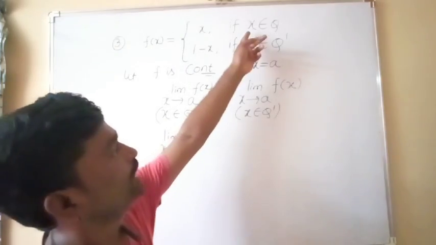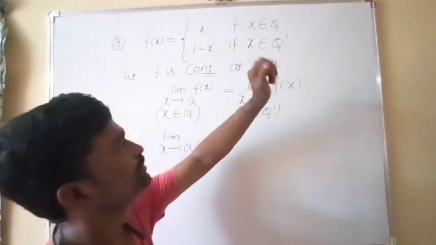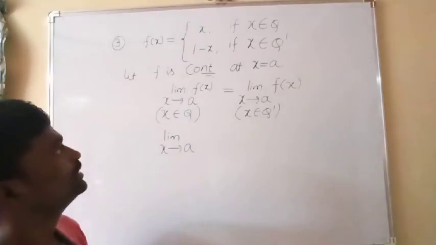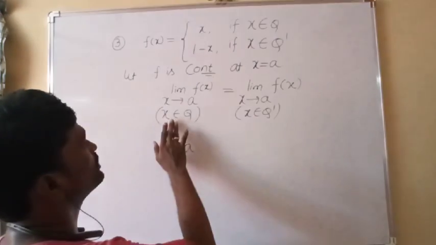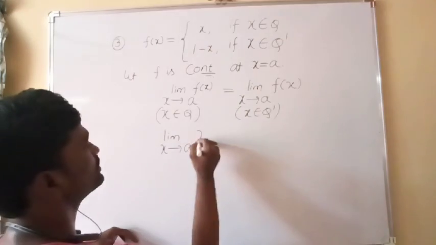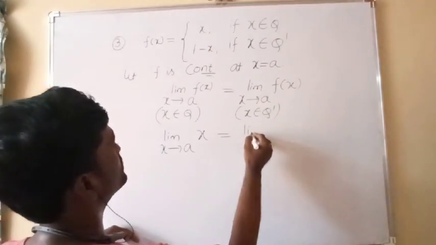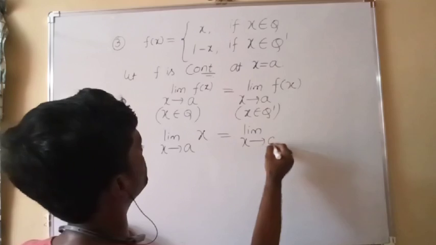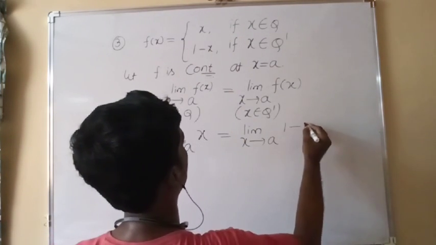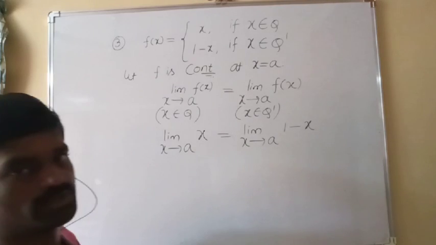If x is rational means x belongs to Q, x is irrational means x belongs to Q dash. So when x takes only rational values and approaches a, what definition of f of x do we have to take? x. And in the second case, because here x takes only irrational values, from the given data we have to take the 1 minus x definition.